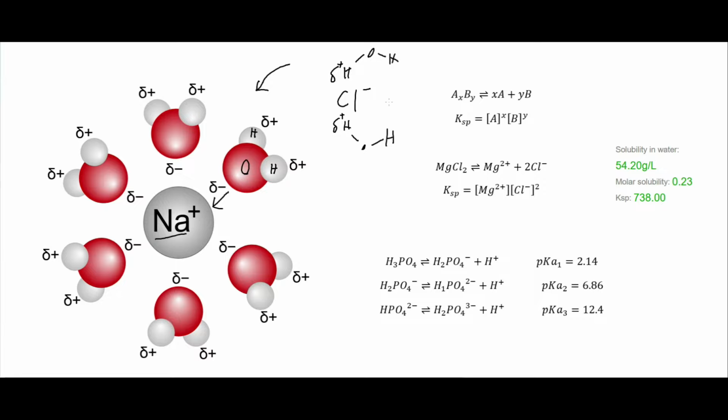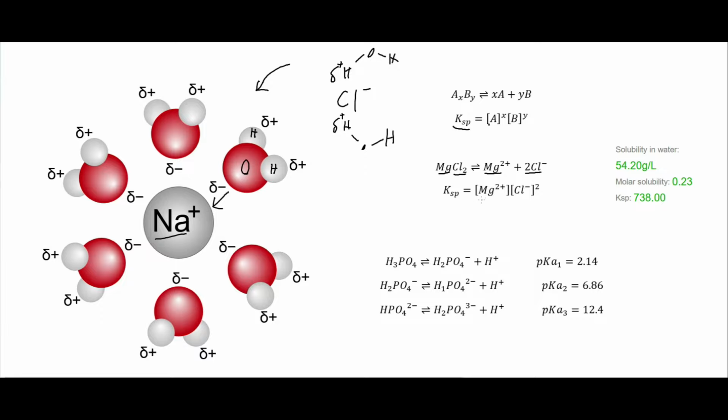And so when we are thinking about solubility, we want this Ksp, which is the solubility constant. That's equal to the concentration of, say, well, actually I have this down here, the MgCl2 going to Mg2+ and then 2 Cl-.